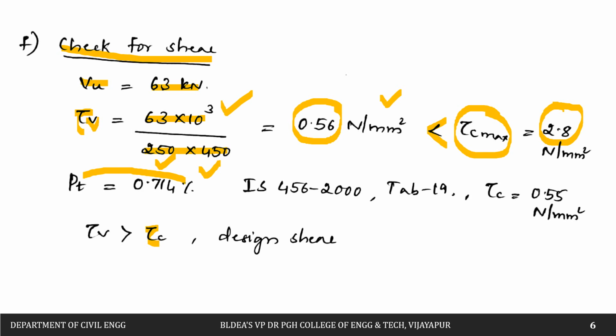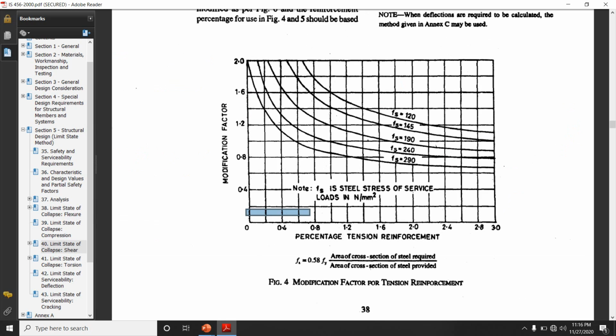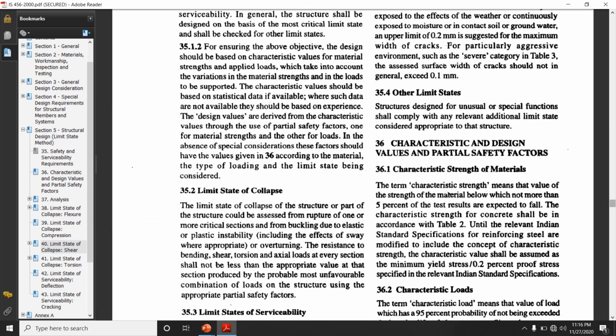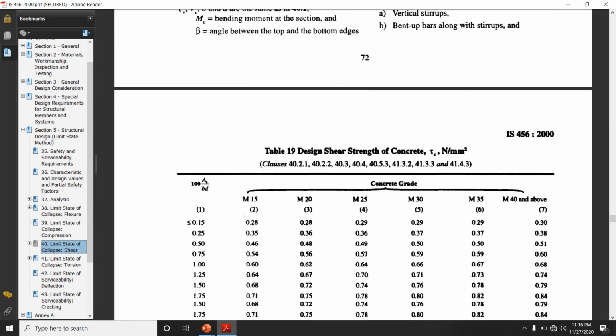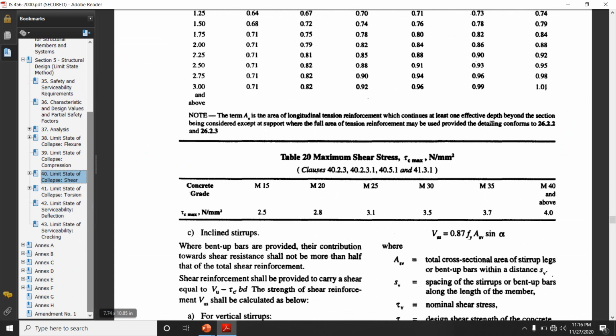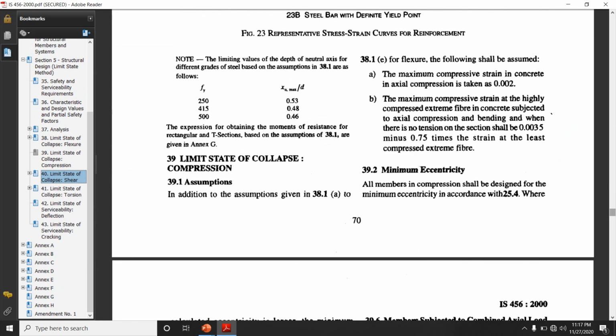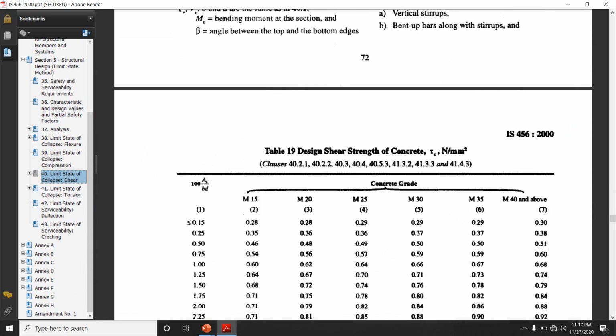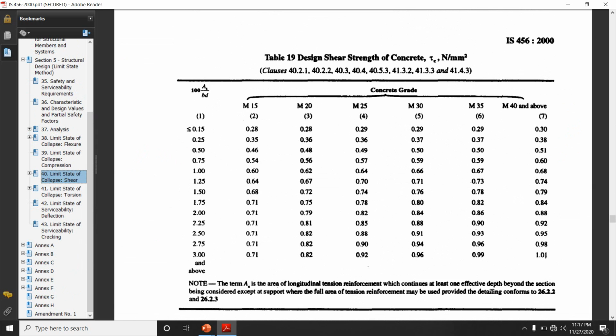Then next is pt, already we have calculated, that is 0.714. Then based on the IS code, we have to calculate the tau c value based on IS 456 table number 19. So we have 0.716, and M20, so therefore it is nearer to this.